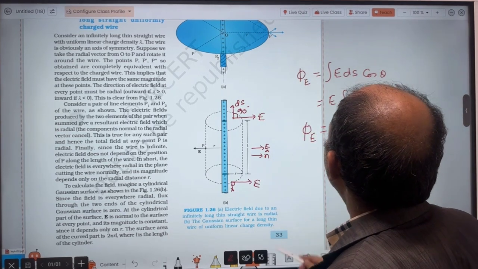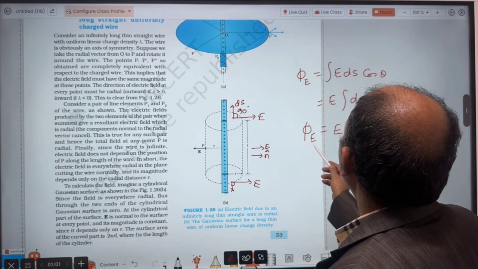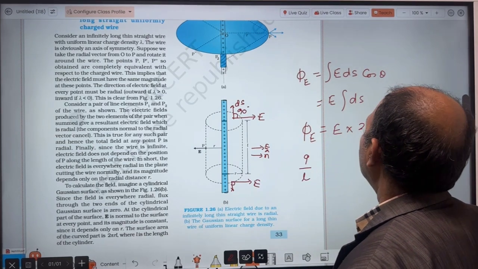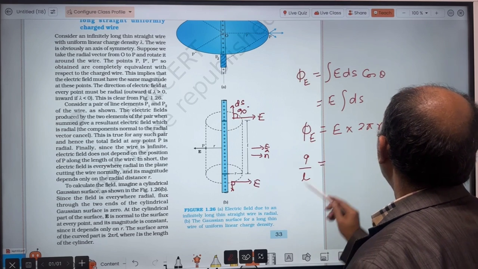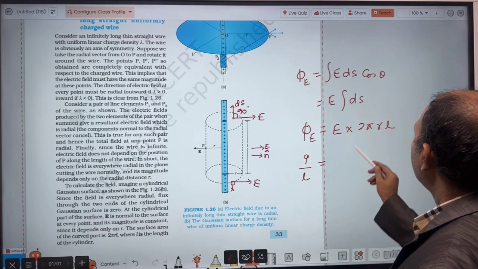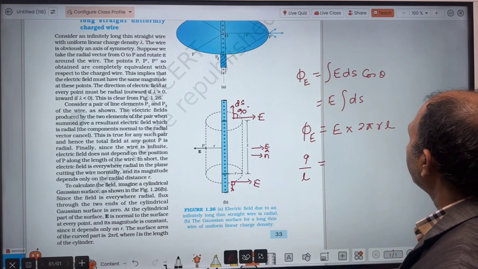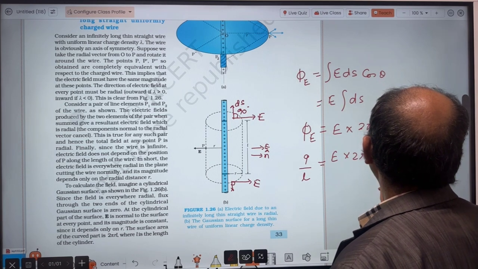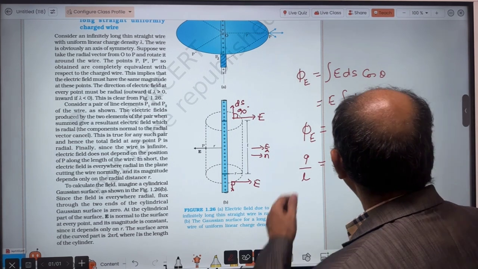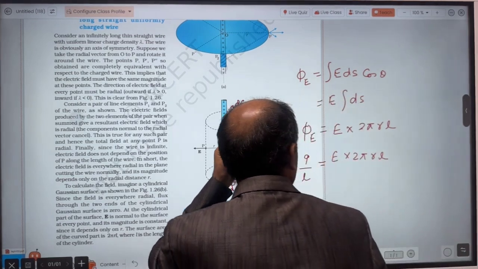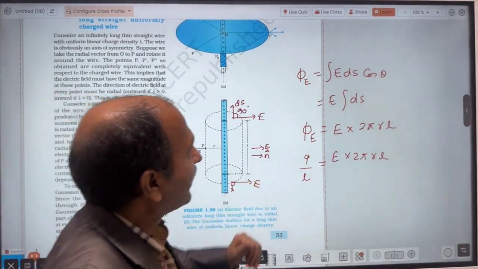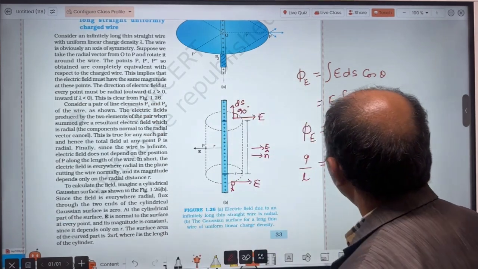But from Gauss law, we know that phi E is q upon l. So we write q upon l, and here this will become E into 2 pi r l. Is it correct? Think.